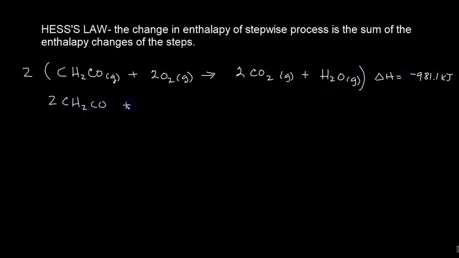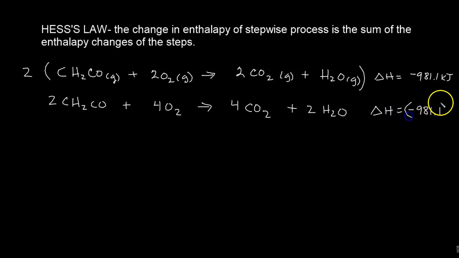I'm going to leave off my gases for now. Just like our system, I would be sure I multiply everything by the 2. But here's the kicker. Not only do you multiply the equation, you must also multiply your energy by 2. I'm not going to multiply that out, but your energy must be multiplied.